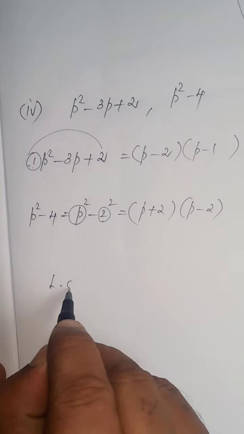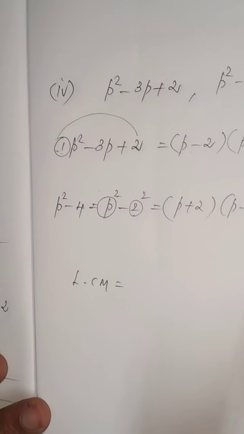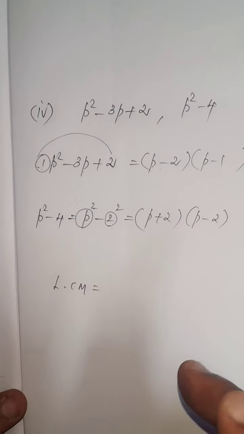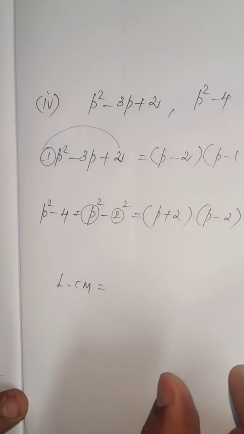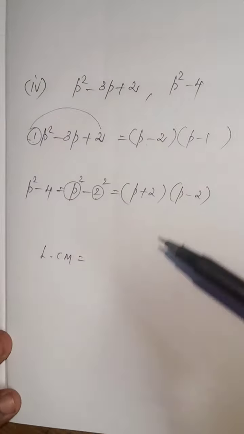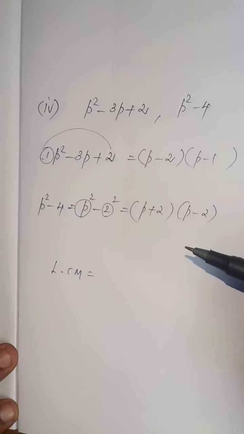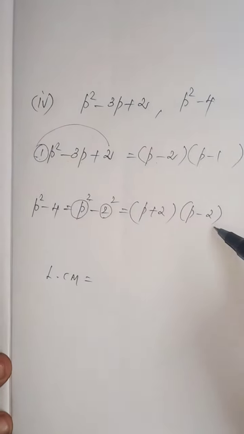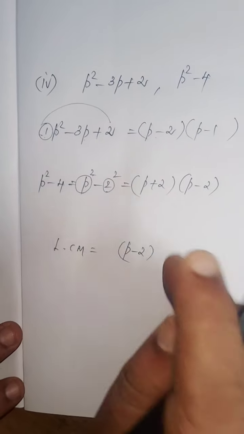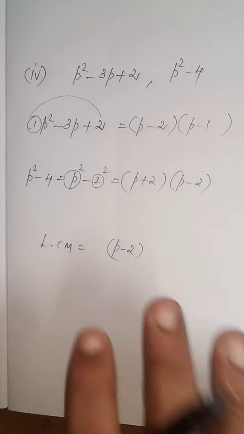Now we can write the LCM. Listen. Suppose you are asked to find the GCD, same procedure only. For GCD, very simple, you just write the common factors. Which one is common? P minus 2. That will be the answer for GCD.